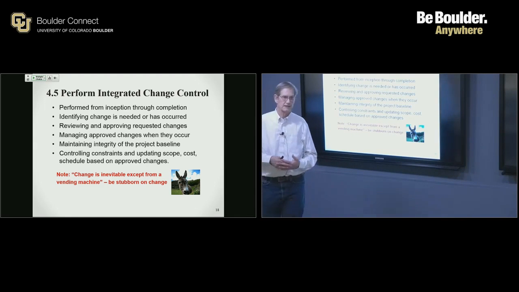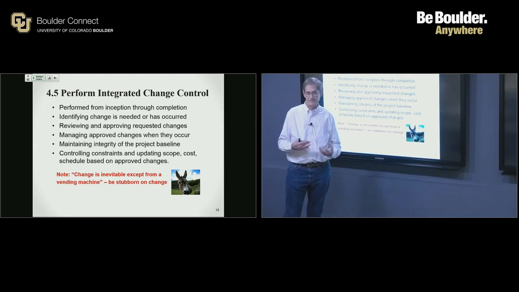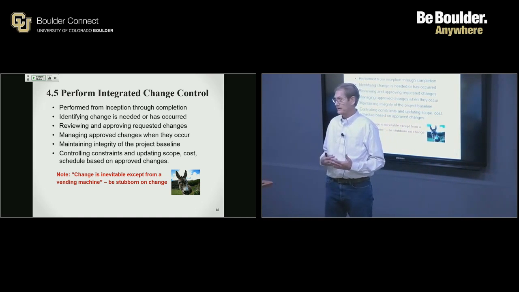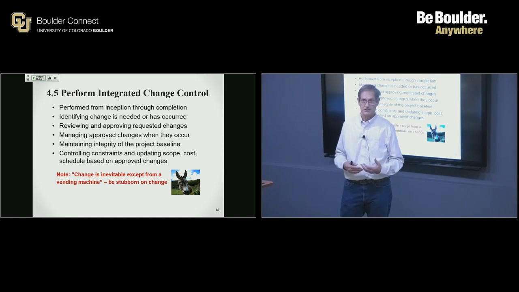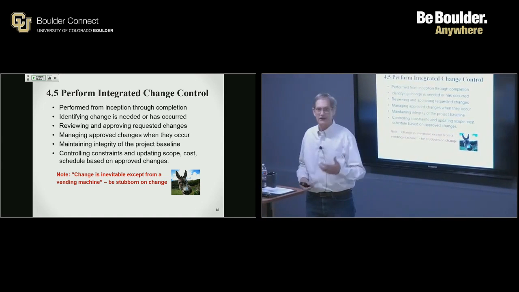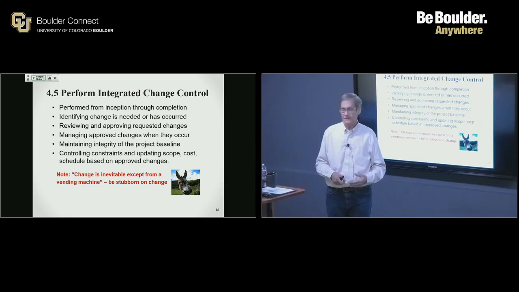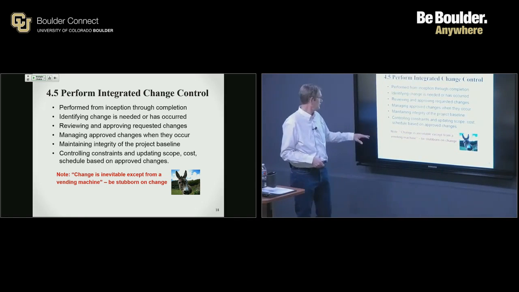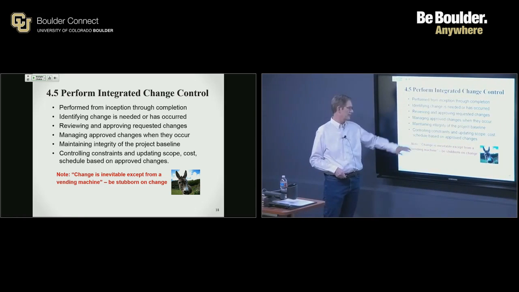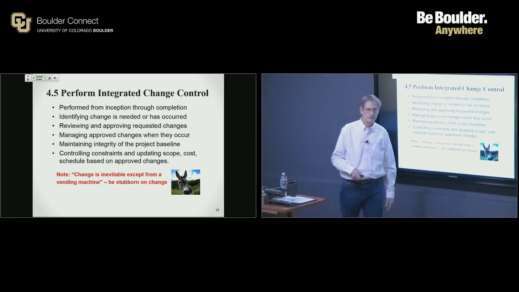Currently, it's just a process, but change management, I found personally on projects, is major. Managing change helps us avoid scope creep or scope leap. This is a way to look at better ways to do things because sometimes it makes sense and it's the right thing to do. Controlling constraints means updating your scope, cost, and schedule based on approved changes.